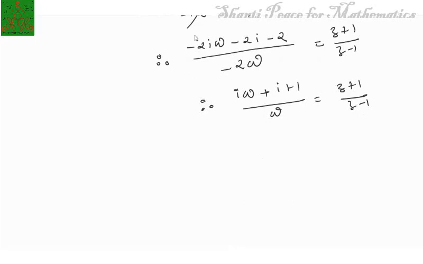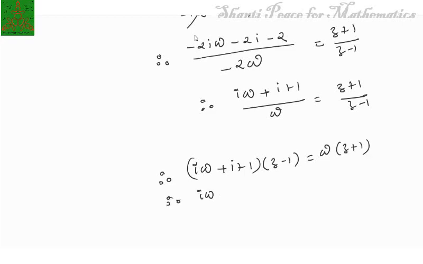And by simplifying this again, we'll have iw plus i plus 1 into z minus 1 equal to w into z plus 1. So therefore it is iwz minus iw plus iz minus i plus z minus 1 equal to wz plus w.